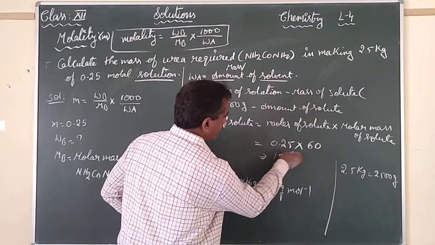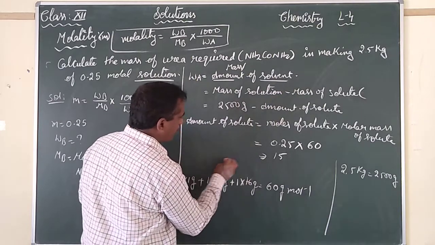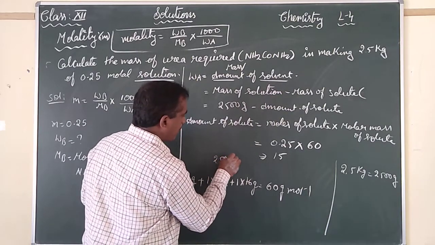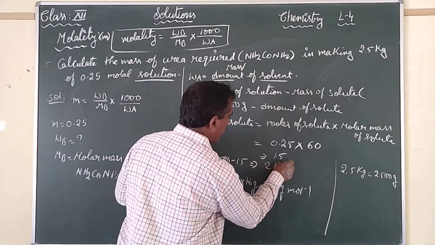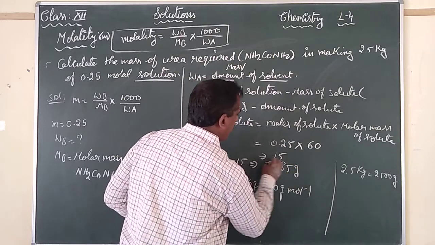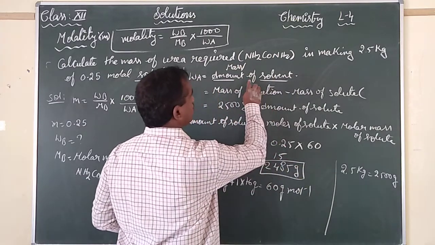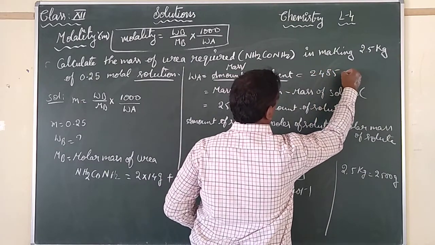Around 15. So mass of the solution 2500 minus 15. How much do we have? 2485 is the mass of the solvent.